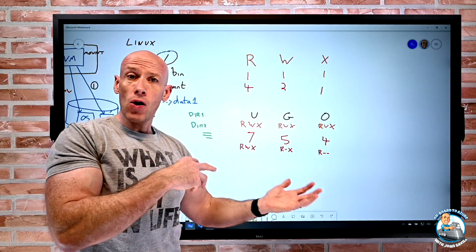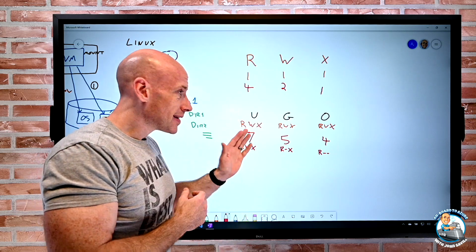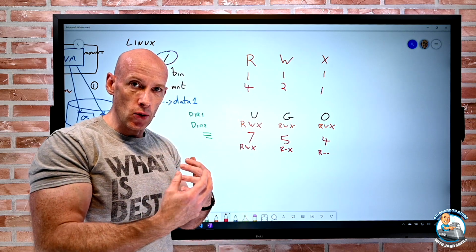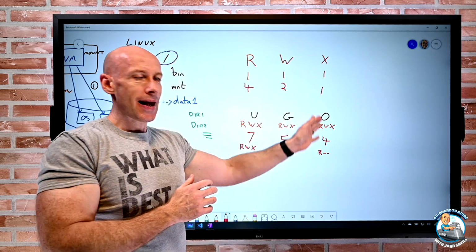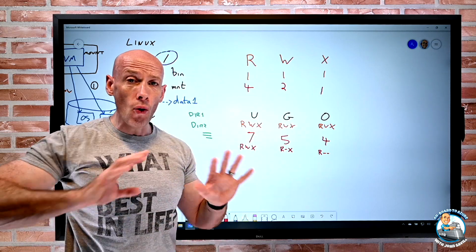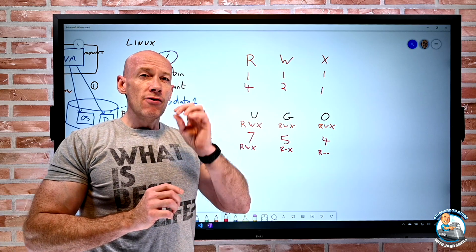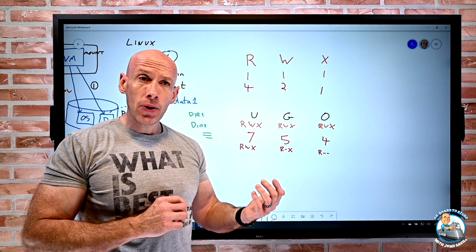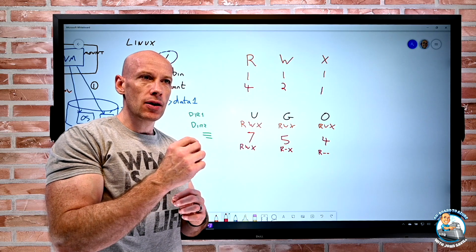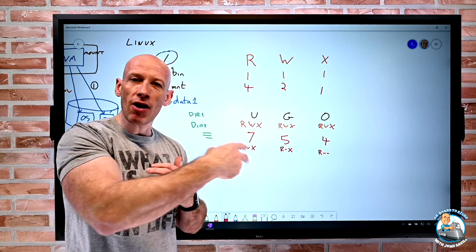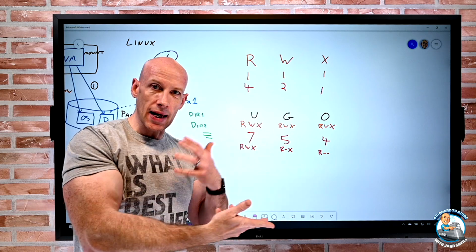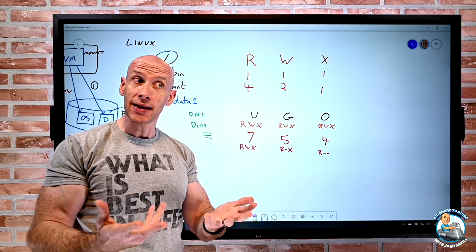Be it a file or a folder, I can set those permissions at the owning user, the owning group, and other levels. There are more advanced ACLs you can use. If you see a plus at the end, it means other ACLs were applied, so someone is using that more advanced ACL capability.